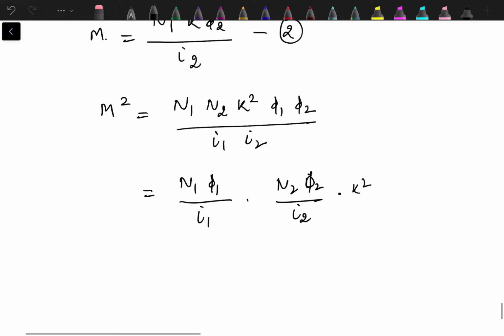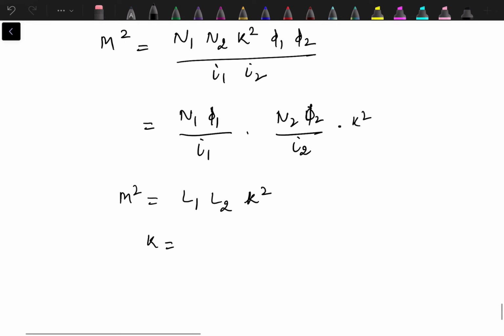This N1 phi 1 upon I1 is known as self-inductance of the first coil, and N2 phi 2 upon I2 is the self-inductance of the second coil. So M square is k square L1 L2. So k, which is coefficient of coupling, is given by M upon root L1 L2.